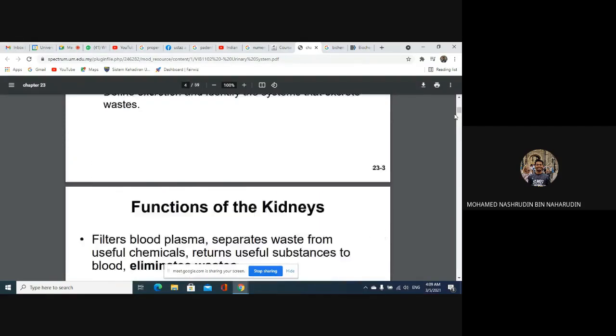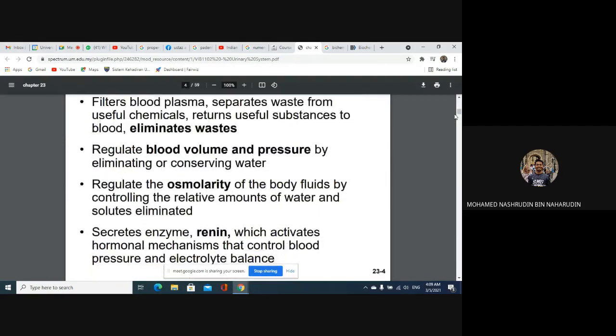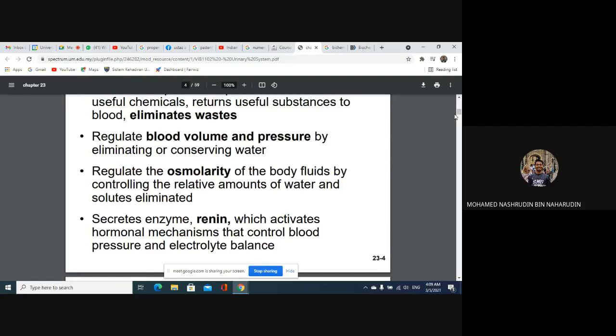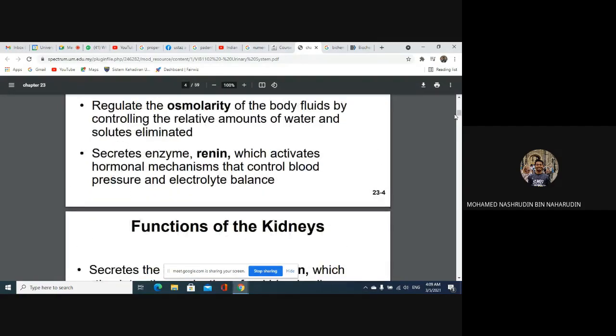And the kidney is also responsible for regulating the osmolarity of the body fluid by controlling the relative amount of water and solute eliminated. The next one is to secrete enzyme.